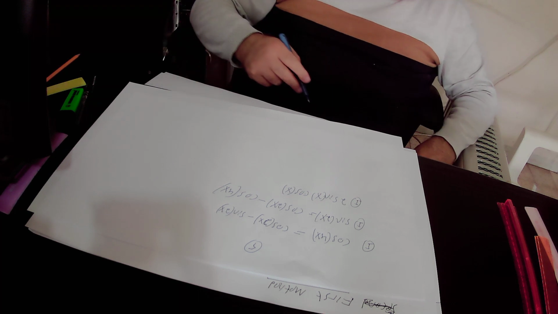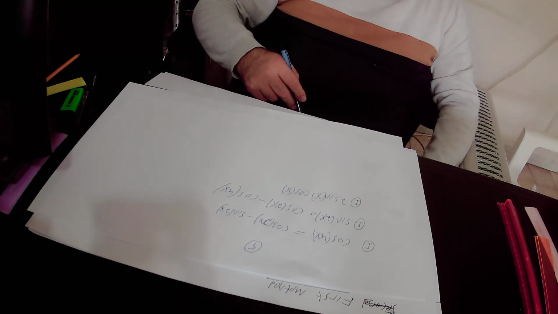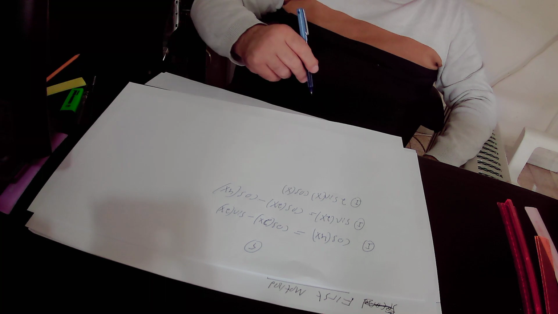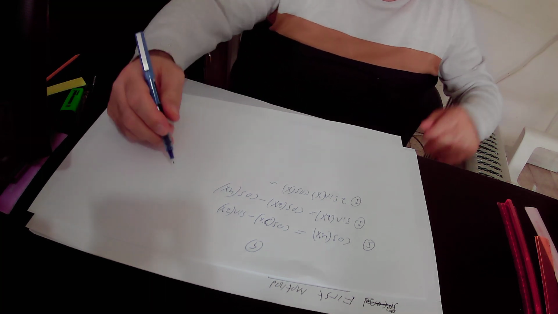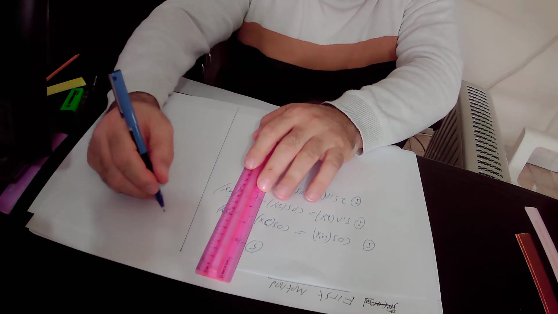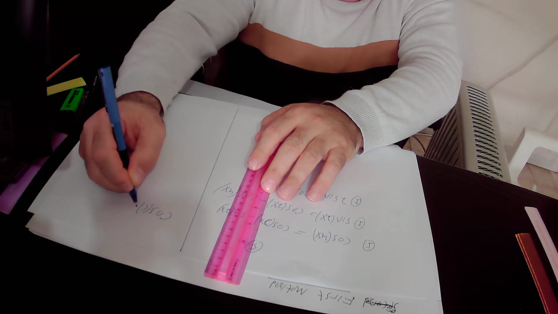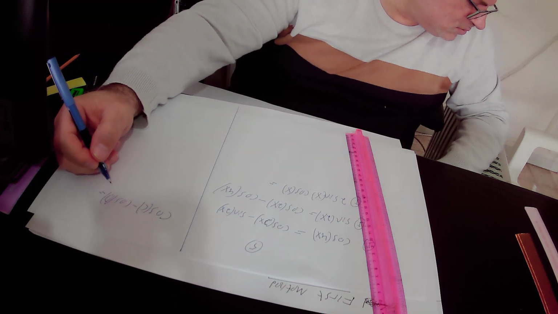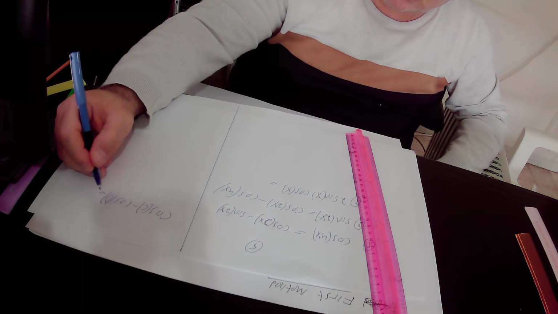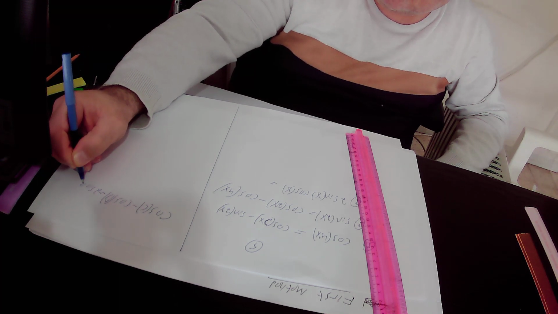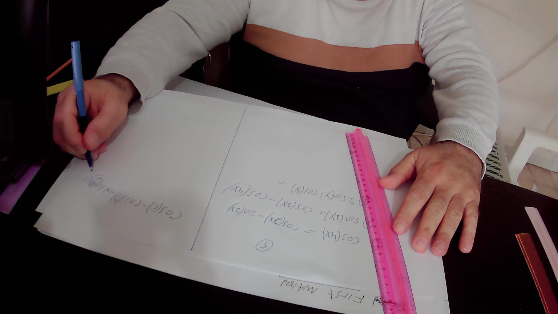Here we have cosine 2x minus cosine 4x. We will use the trigonometric identity that states that cosine C minus cosine D equals 2 sine of (D plus C) over 2 times sine of (D minus C) over 2.